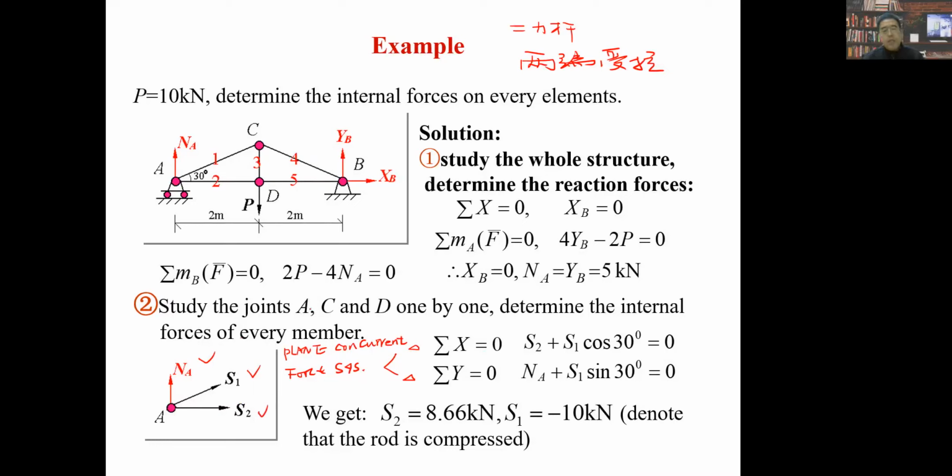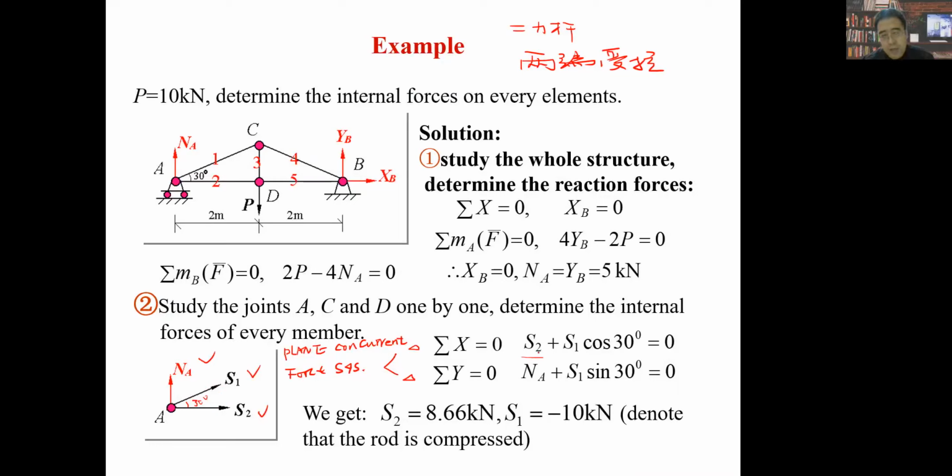You see? When we give sigma x equals 0, we know that this angle is 30 degrees. So we have sigma x equals 0, so we have S2, because this one we assume a positive assumption as it's along the positive direction of the x axis. So S2 plus, because S1 projection onto this horizontal axis will be S1 times cosine 30.